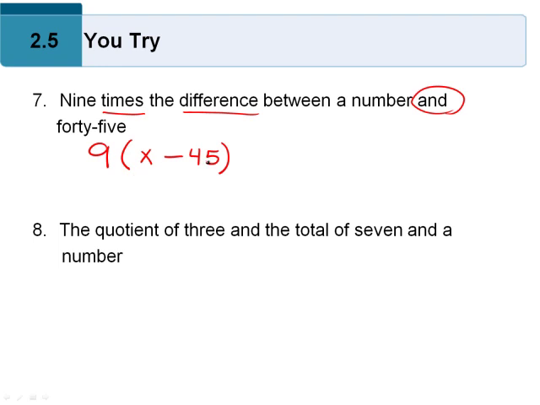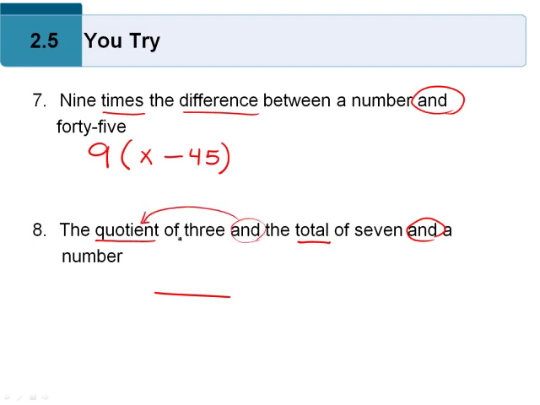Okay, number 8. I think this is the last one. The quotient of 3 and the total of 7 and a number. All right, what the heck? That's a lot of stuff. We have the quotient, okay, and the total, and here's and, which will help us some, okay. So the main operation here is the quotient. That's the main thing. So we're going to set up a fraction bar. Now, here's what you need to see. The quotient, you have the quotient of 3 and that first and goes back to the quotient.